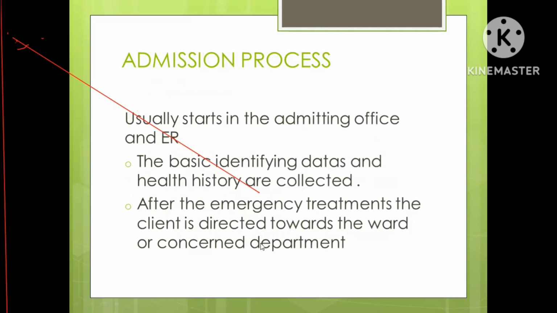In case of accident patients, poisoning patients or cardiac patients, all the needed emergency treatment will be given in the casualty, and after that they will be directed towards the concerned department. Sometimes the patient will be admitted to the ward, or sometimes to the ICU, depending on the health condition.